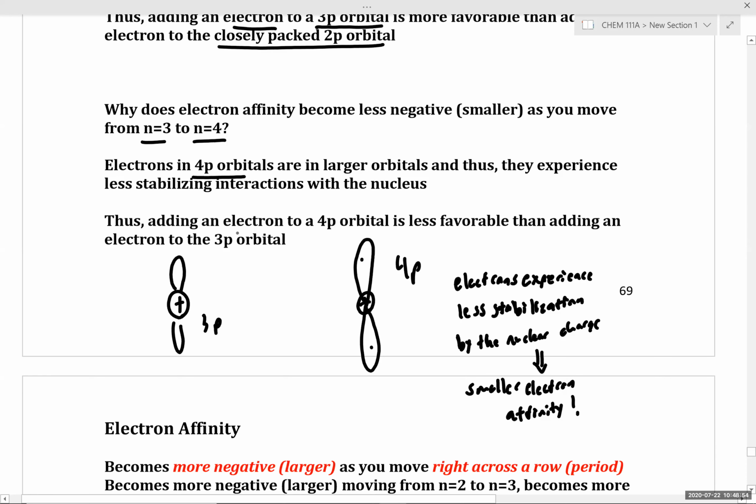So this is why adding an electron to a 4p orbital, or an n equals 4 orbital, is less favorable than adding an electron to a 3p orbital.